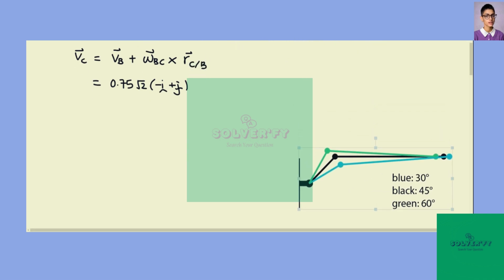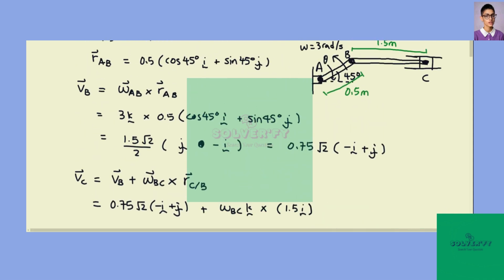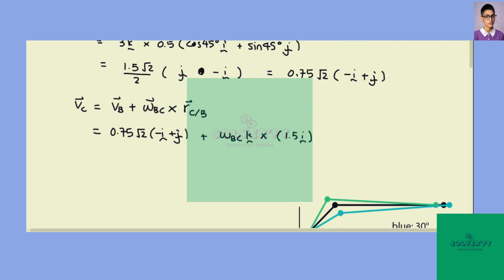Omega BC is some generic omega in the k direction, crossed with 1.5 i. Point B is here, point C is here, 1.5 meters to the right, so it's 1.5 i.